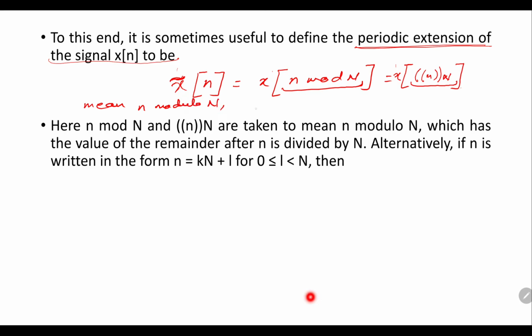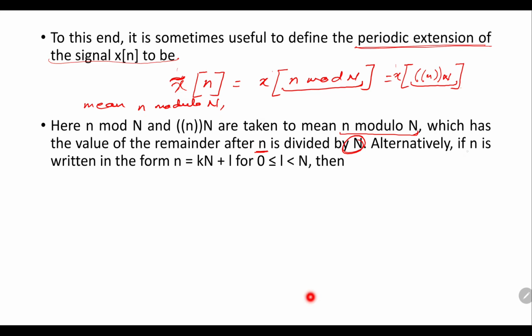It has the value of the remainder after small n is divided by capital N.